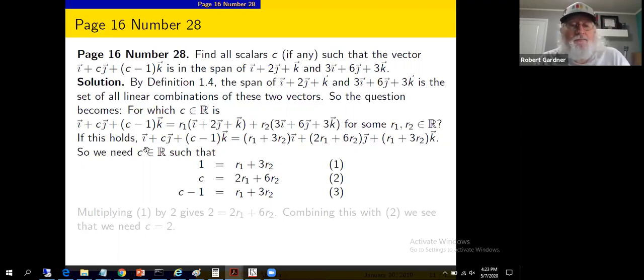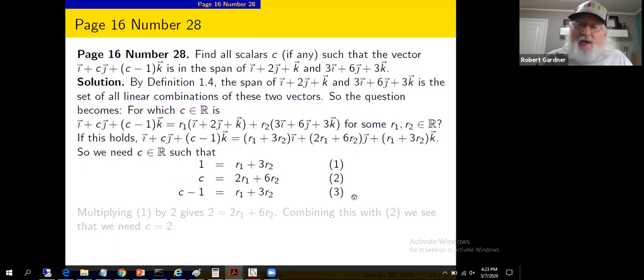We need the number of i's on this side, 1, to equal the number of i's on this side, R1 plus 3R2. We need the number of j's to be the same, and the number of k's to be the same. Or if you like components, I like components, we need the first components to be the same, and the second and third components to be the same.